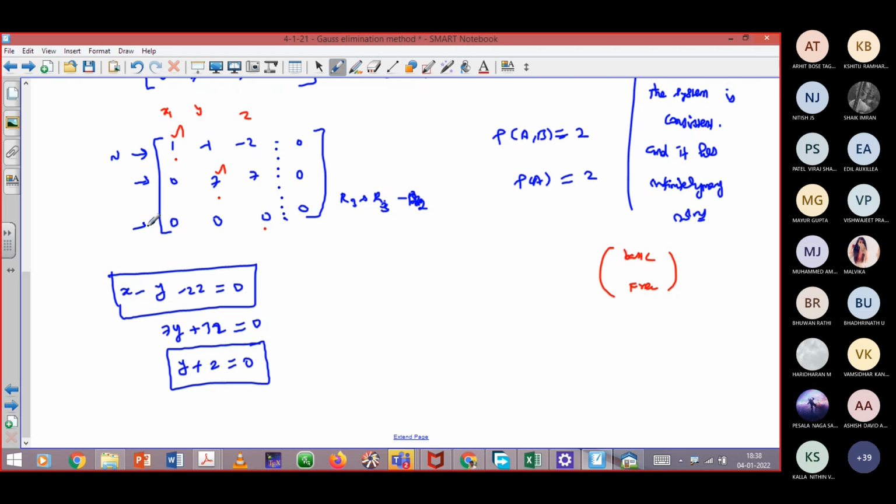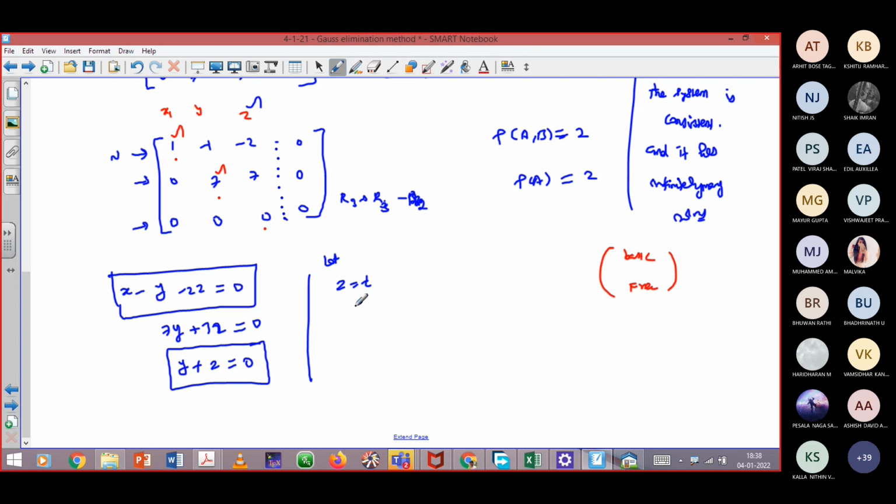Next, in z there is no leading variable, so definitely I should use z as the dummy variable. That is my free variable. Free variable means I need to use it as an assumed value. Let z equal to t, where t belongs to any real number.